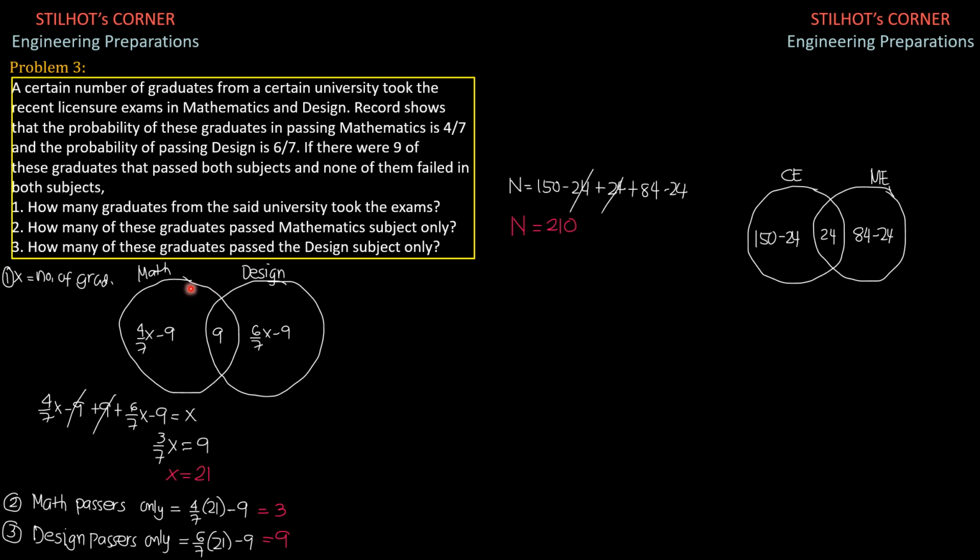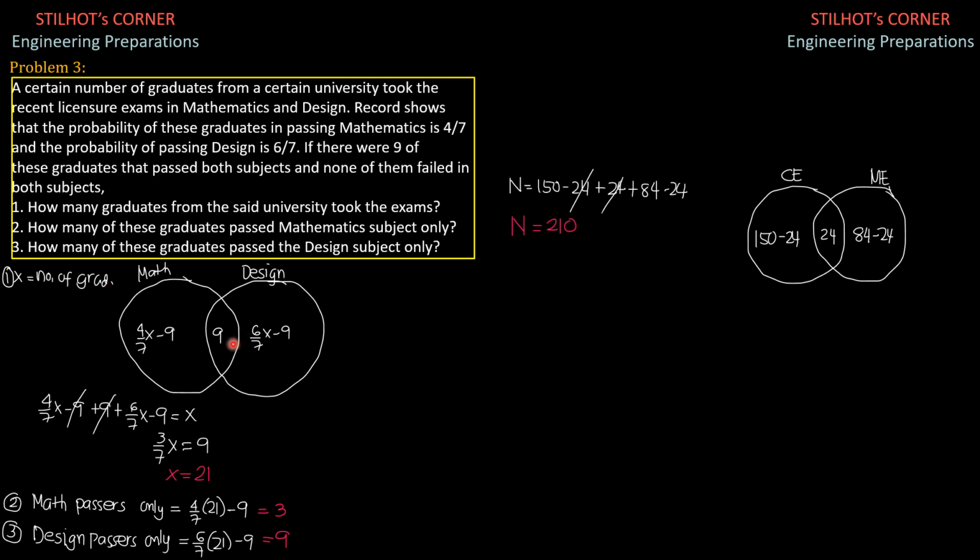So we have math and design, and it is mentioned that 9 of them passed both subjects, so place it here, and none of them failed in both subjects. So meaning to say, if we add these numbers, it should be equal to X, if X is the number of graduates.